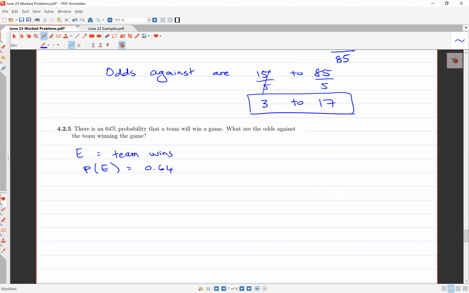So the odds ratio is 1 minus the probability of the event divided by the probability of the event.